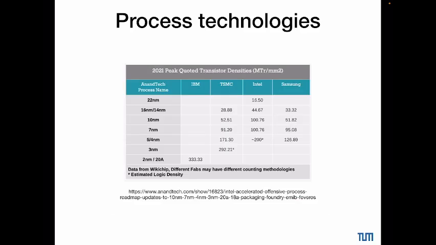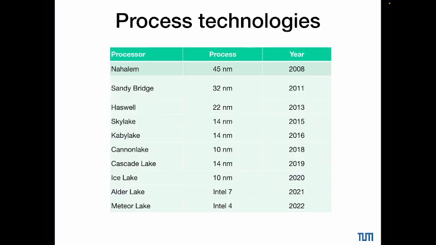Basically, we switch to a new process technology and a new processor core architecture here. And so going down, we see that we had 10 nanometers here in 2019. The Cascade Lake processor was again 14 nanometer technology. Ice Lake is from 2020, also in 10 nanometers.